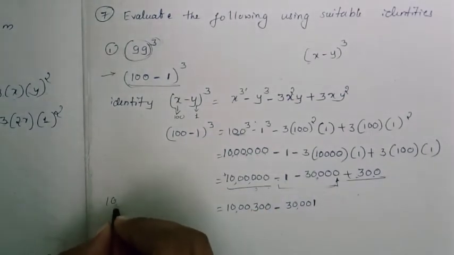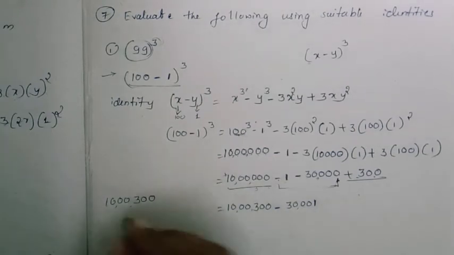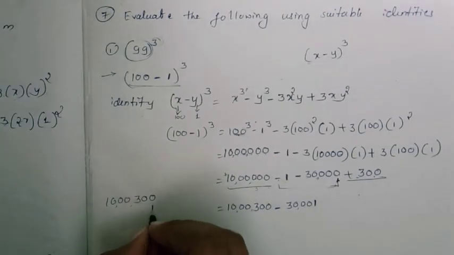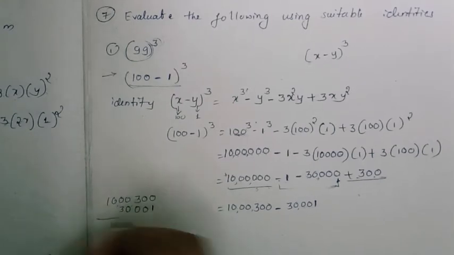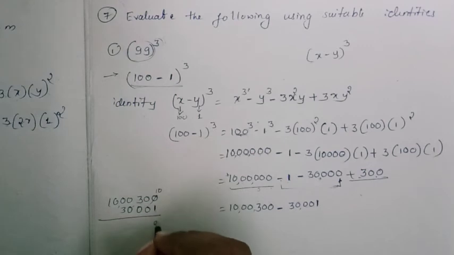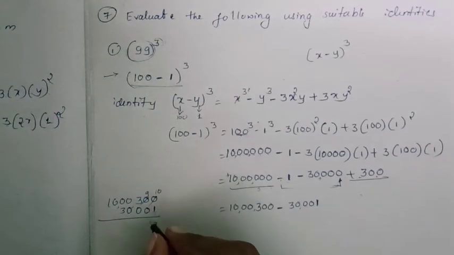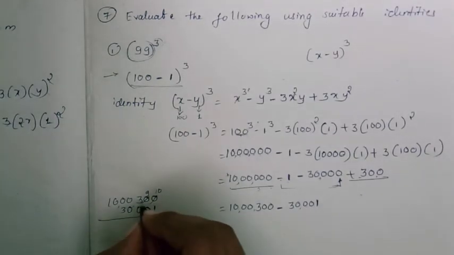So 1 followed by 6 zeros, and from that you have to minus 30,301. So 10 minus 1, so it will become 9 now. 9 minus 0, that is 9. So 3 minus 0, so it is 9 carry over.